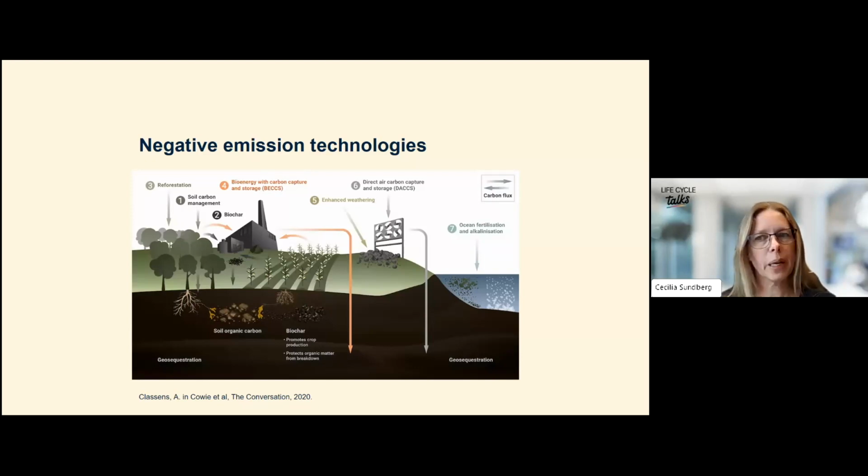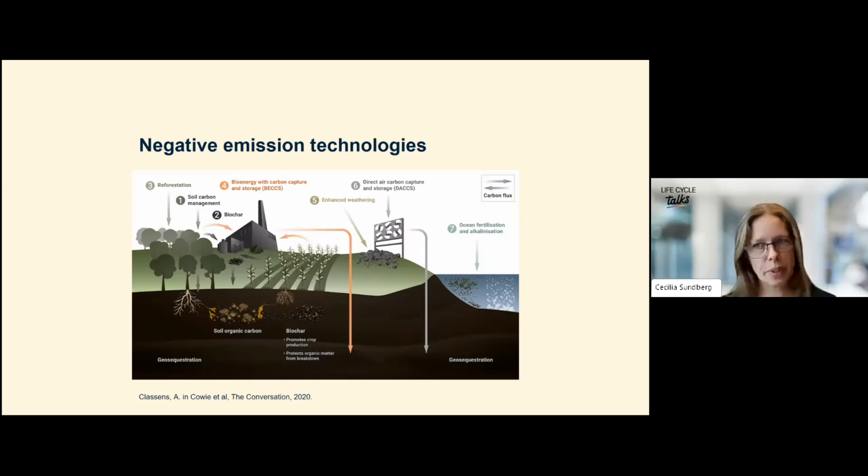We also have biochar, a method of using biomass to store carbon. Another way to go from biomass to storing carbon is through bioenergy with carbon capture and storage, where CO2 is captured and placed in safe storage in geological formations. And all of these technologies I will come back to.